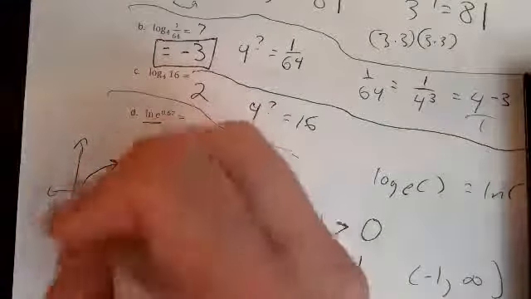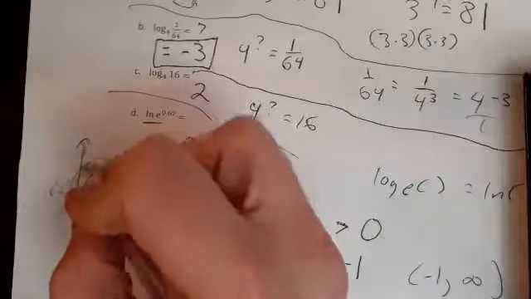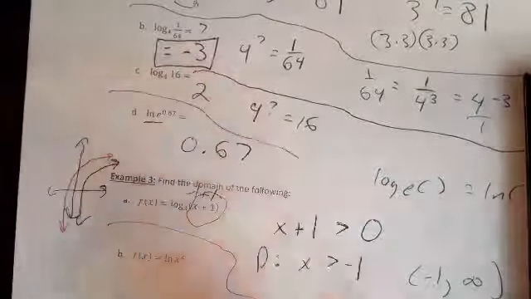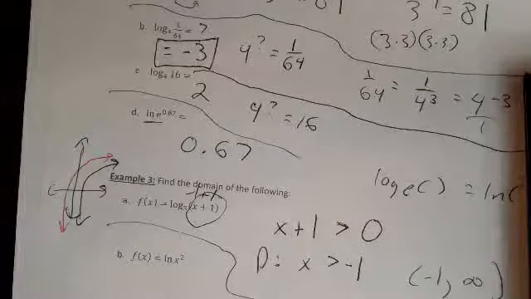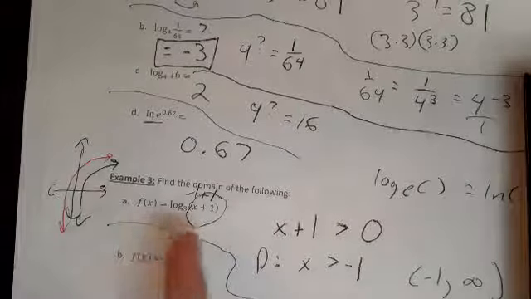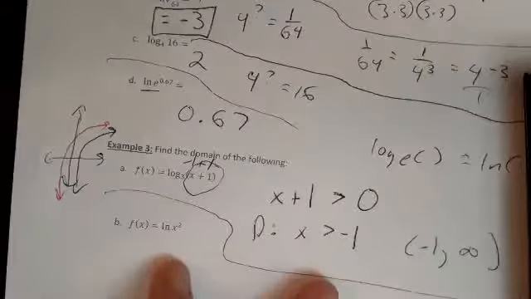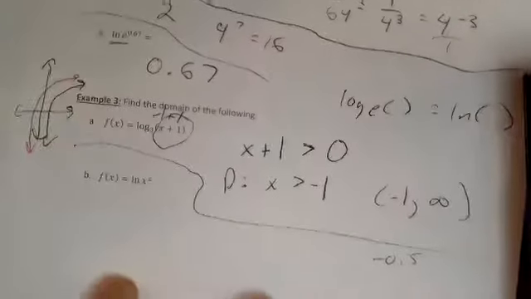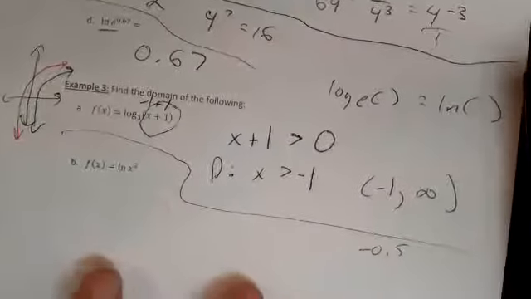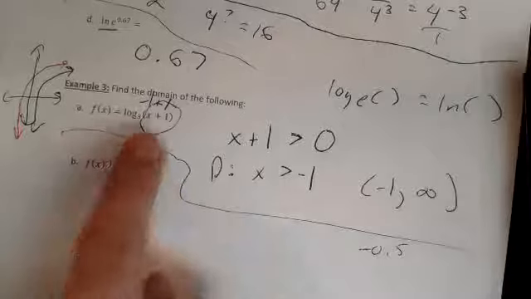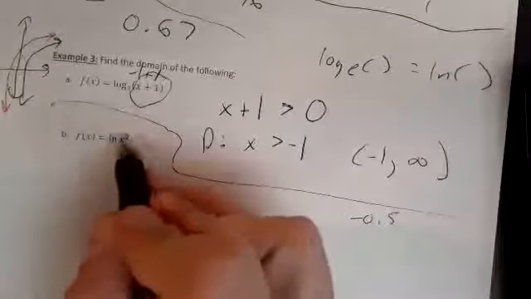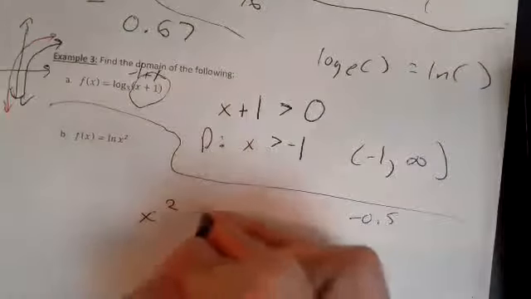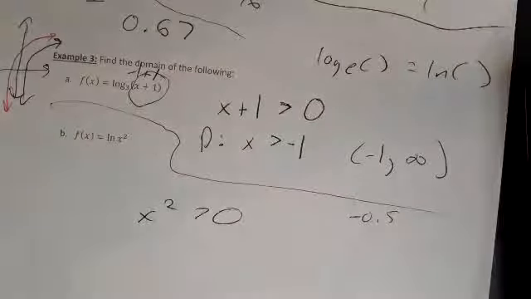But now that we've shifted it back one, our domain changes. You can think of these as graph shifts, is one way to think about it. But the argument, the inside of the log, is the thing that has to be greater than 0.